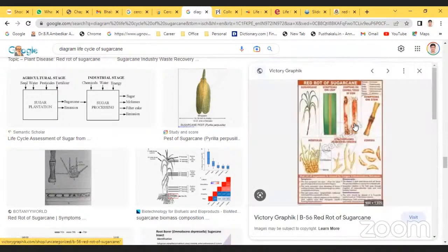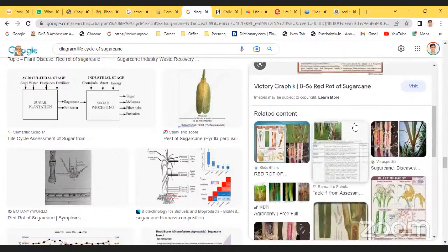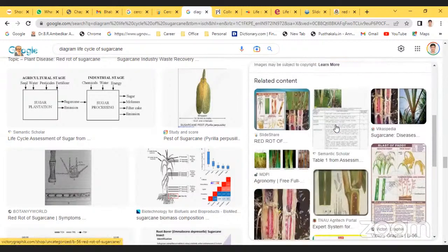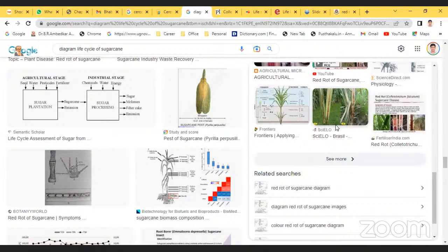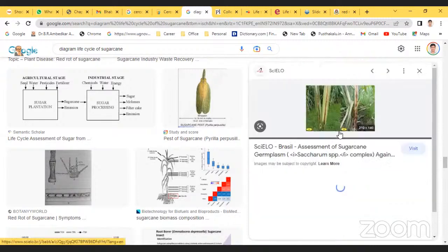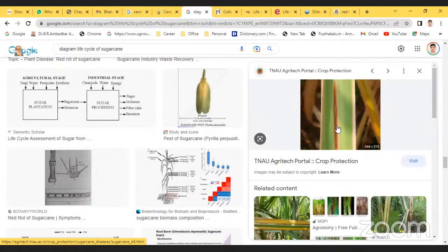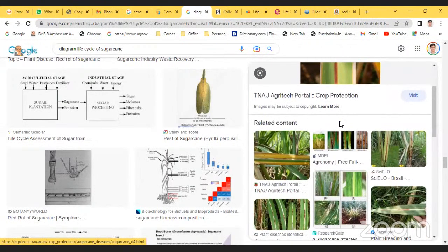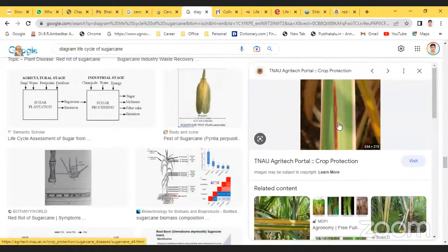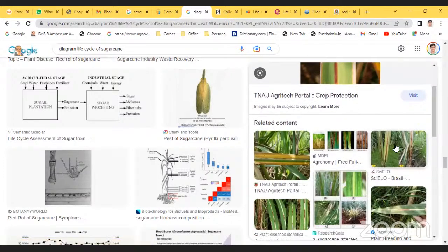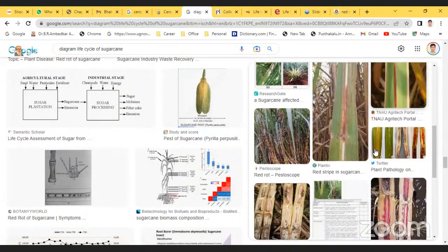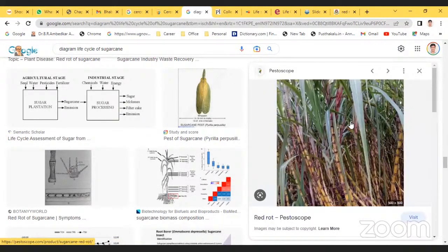So this is the midrib of the leaf. When the leaf is affected, these symptoms appear like this also. Just look here, this is the affected leaf.